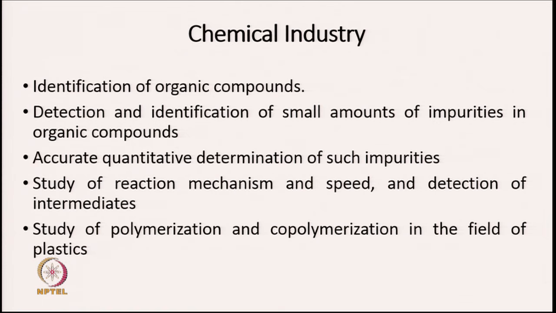For example, if you take the case of the chemical industry, they use spectroscopy in identification of organic compounds. They also utilize spectroscopy in detection and identification of small amounts of impurities in the synthesized organic compounds. They also need quantitative determination of such impurities, so they often use spectroscopy to determine the amount of impurity.